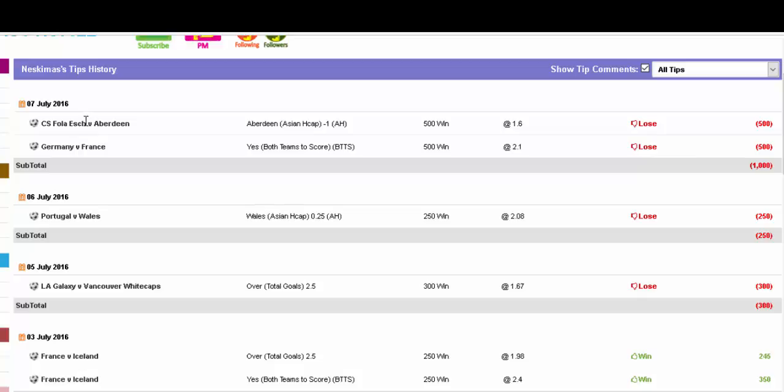I hadn't done my own analysis really. In general, stay away from cup games. They're far harder to analyze because you don't know which team cares.